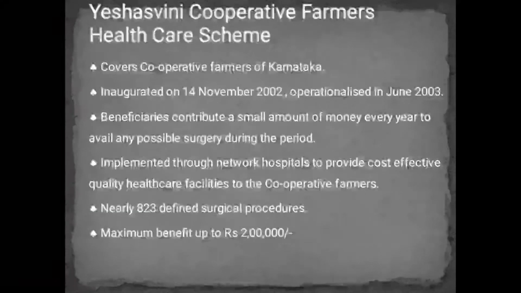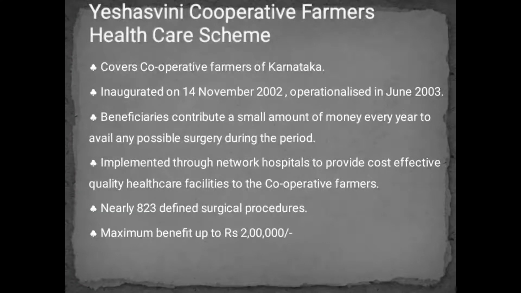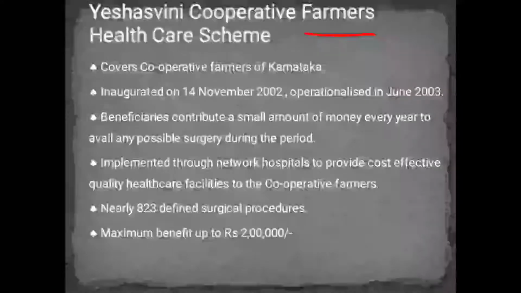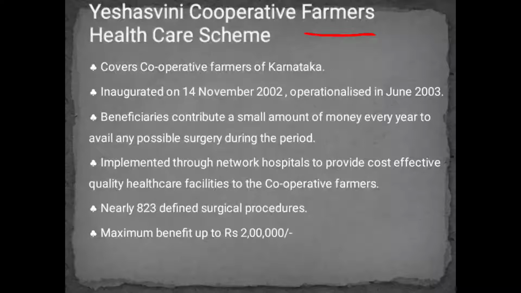So Yashaswini Cooperative Farmers Health Care Scheme. From the word itself you are clear. Yashaswini is for one group, and that is farmers. So what all things are there in this? Covers cooperative farmers of Karnataka. Inaugurated on 14th November 2002, operationalized in June 2003.